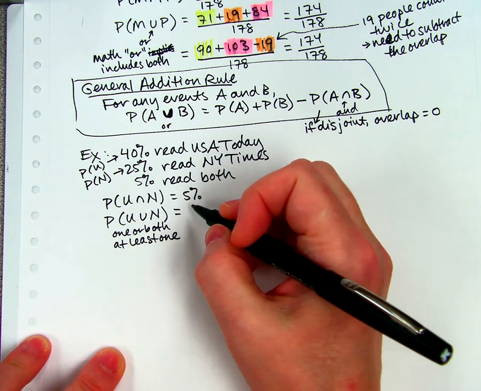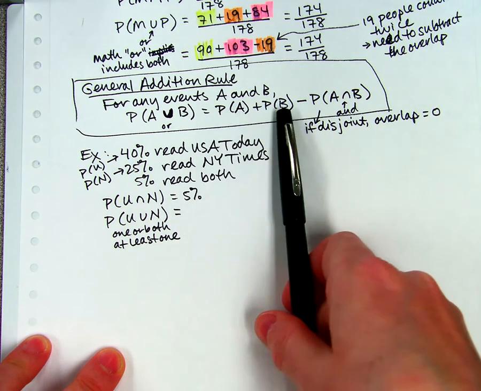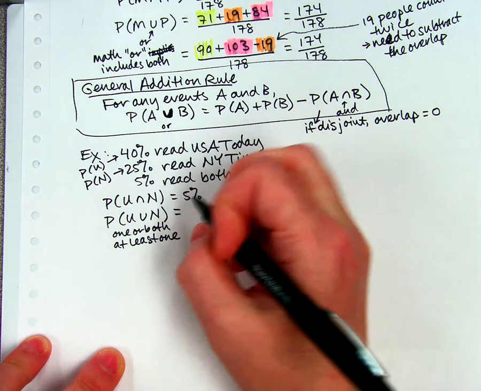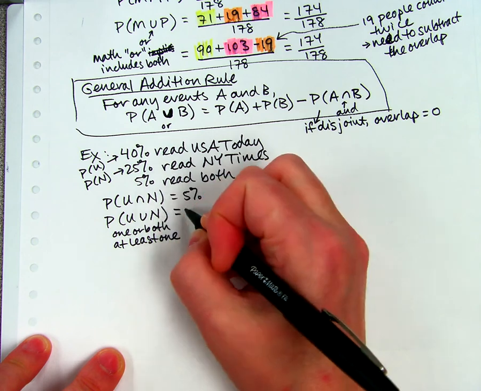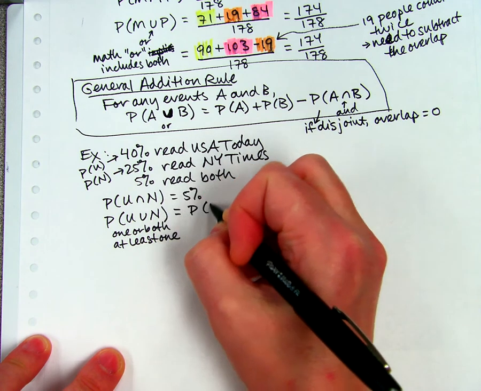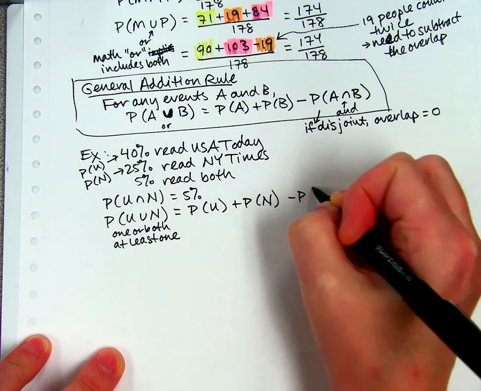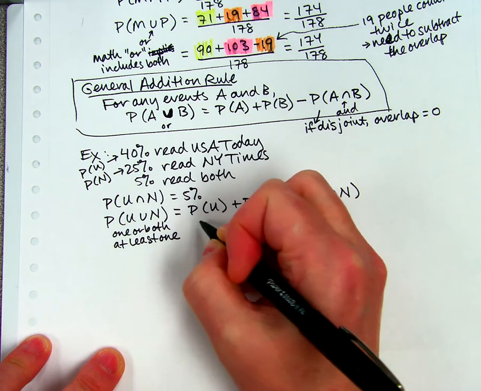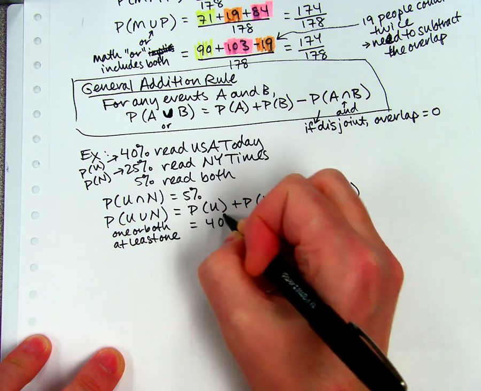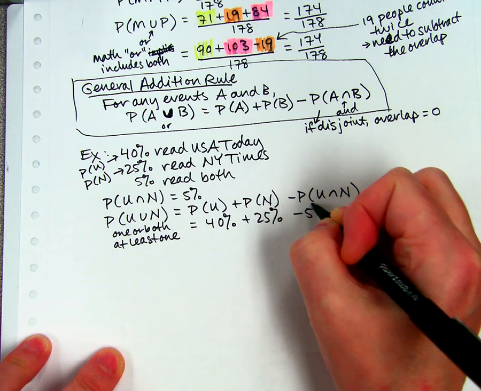This is easier than what we did with the backpacks and wallets. We would basically do the probability of U plus the probability of N minus the probability of both. And so that is the 40% plus the 25% minus the 5%.